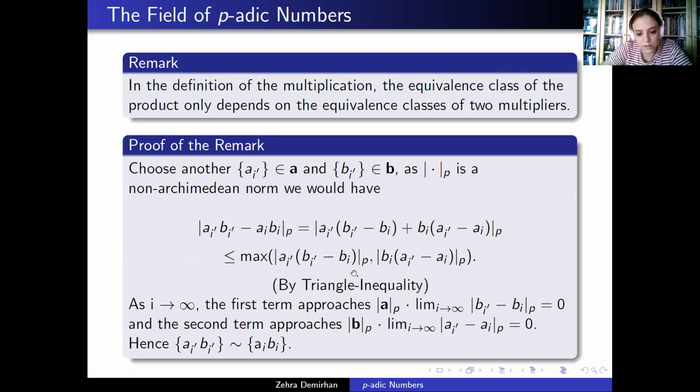Then the first term here approaches this term, and notice that the second term approaches 0 as i goes to infinity. So this whole term approaches 0 as i goes to infinity, and the second term similarly approaches 0. So we have shown that the sequence a_i' b_i' is equivalent to the sequence a_i b_i.